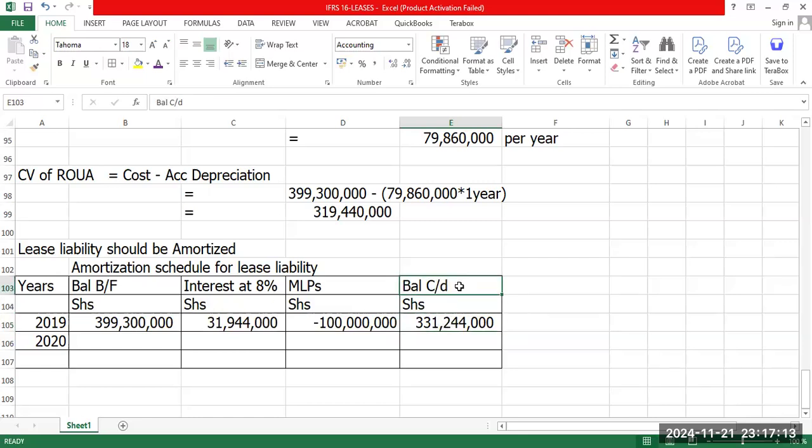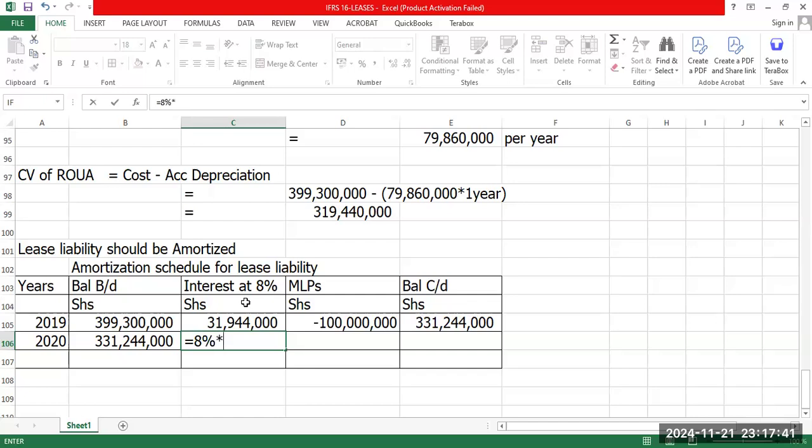So the balance carried down of the previous year is the balance brought down of the current year. Okay, you do the same here. 8% times this.